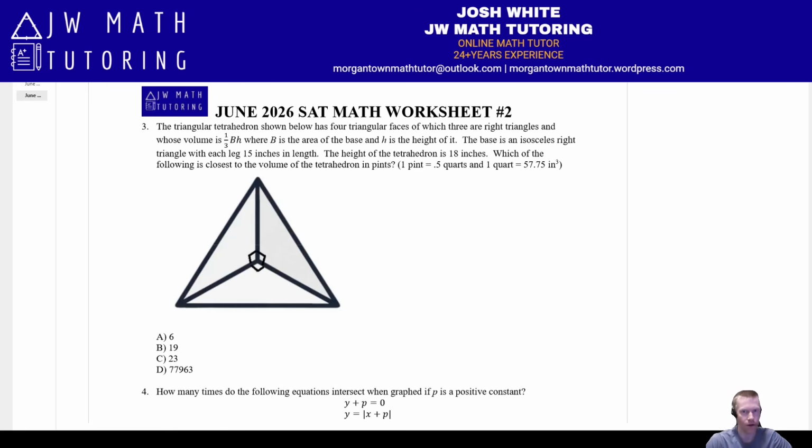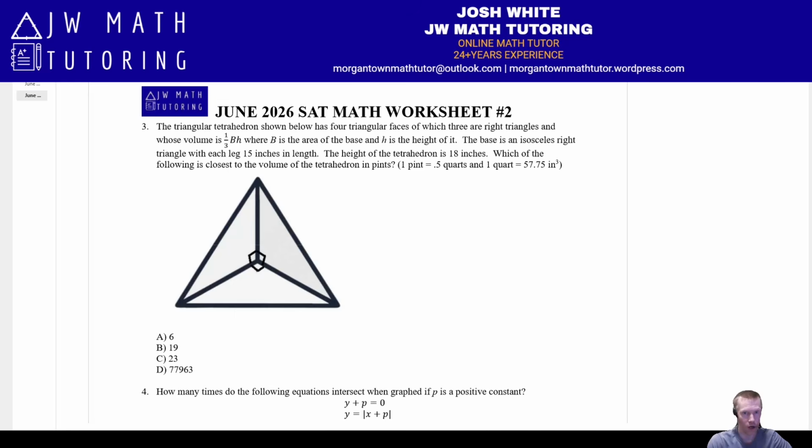And it wants to know essentially the volume of this tetrahedron, but in pints. So in addition to calculating the volume, you also had to do a volume conversion across 2 units. You essentially have to go from cubic inches to quarts, and then technically quarts to pints.